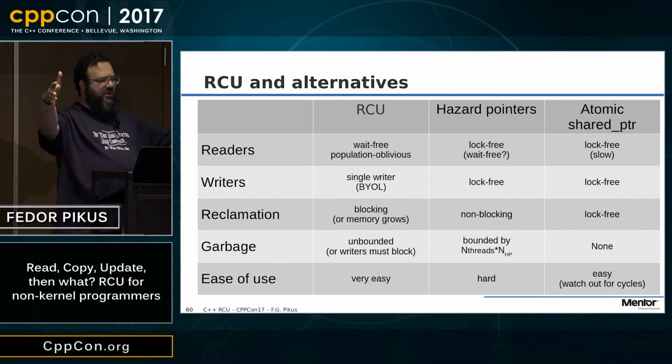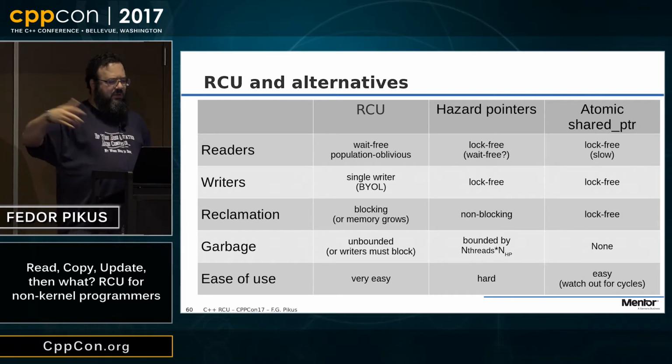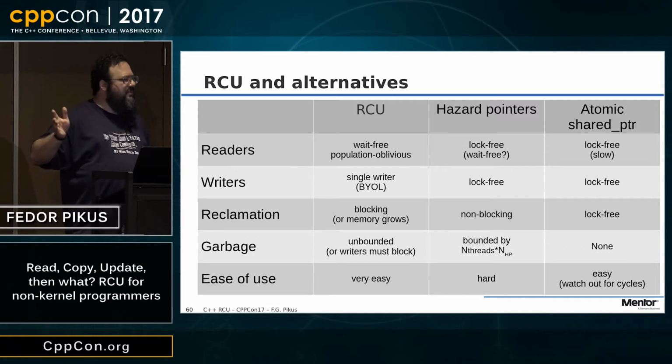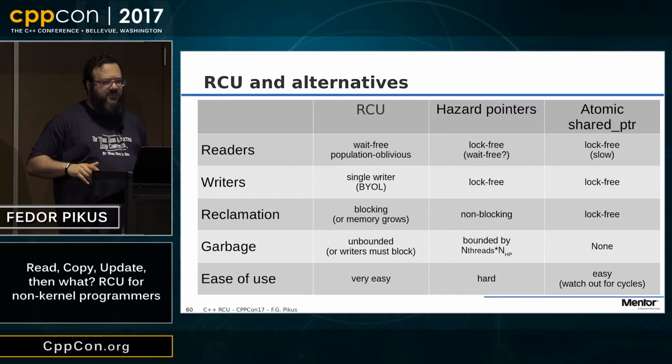Identify your access to the shared data, call read lock, read unlock, and periodically invoke garbage collection on the writer. Atomic shared pointer is easy as long as you have a way of handling circular references. It's lock-free, but it's much slower than RCU because it uses relatively expensive read-modify-write atomic instructions, and more than one.